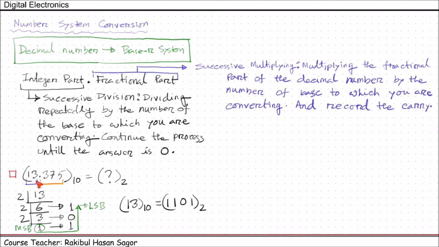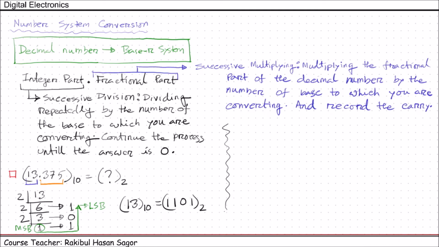So this portion is over. Now we will go for the fractional part. For the fractional part, we need to go for successive multiplying. We need to multiply this value by the base number to which we want to convert. So here we want to convert this number to binary. We need to multiply this 0.375 by 2, and we need to keep the record of the carry.